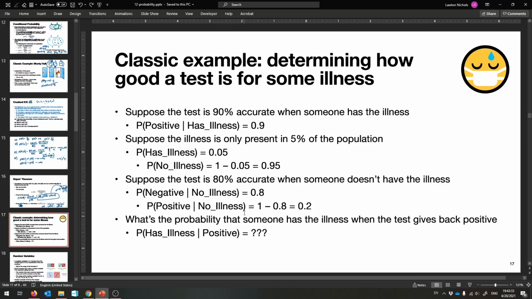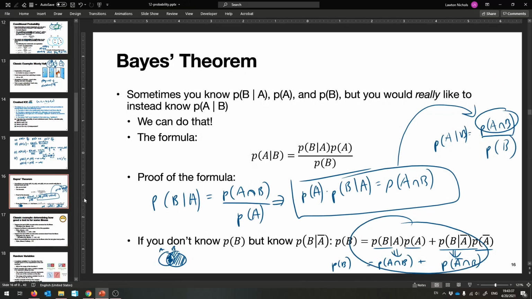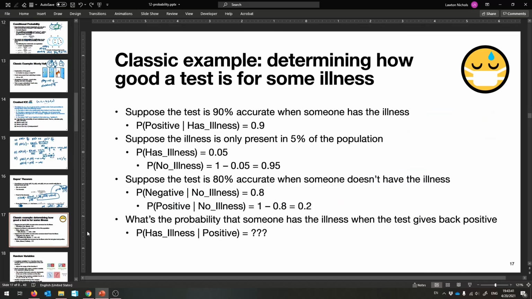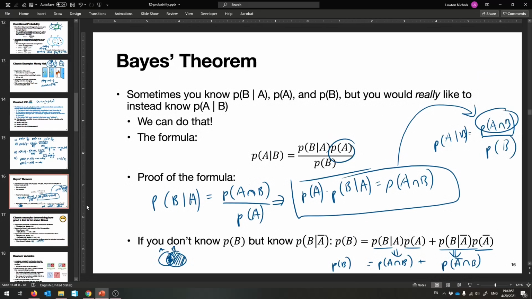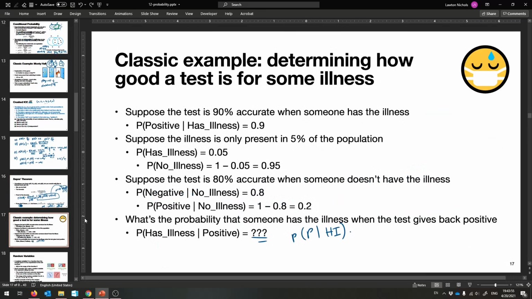So we're going to follow this rule, and we're going to do the probability of the opposite. This is equal to the probability of positive given you have the illness, times the probability of A, the thing on the left, over, are you ready?